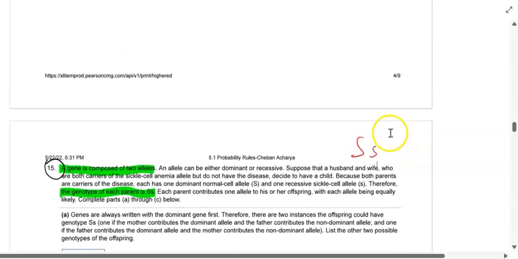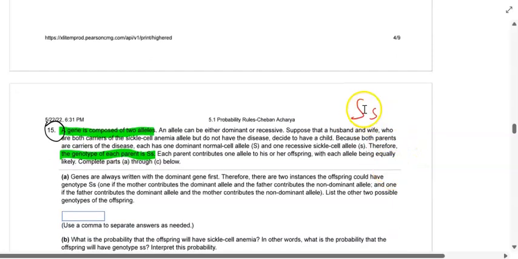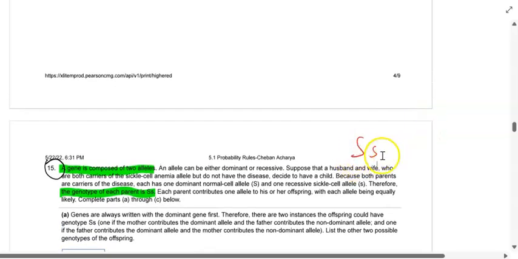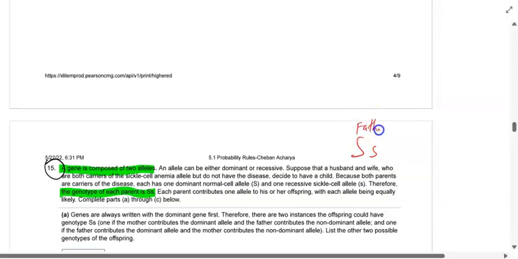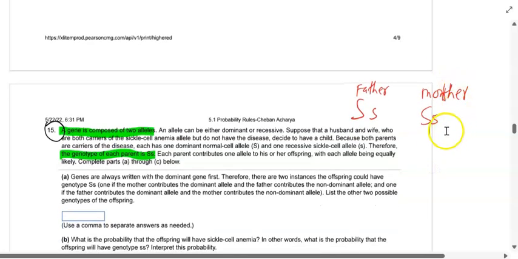Now each parent, or each person, has Ss, a dominant and a recessive allele. Let's say this is the father. Father genotype is Ss and mother genotype is again Ss. Then each parent contributes one allele to his or her offspring.